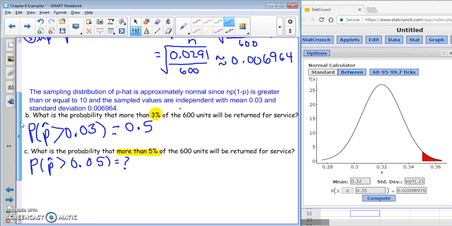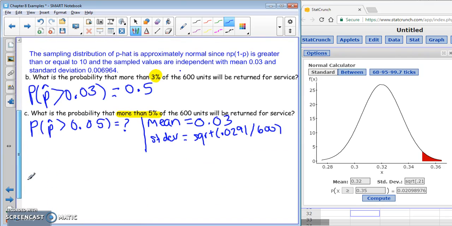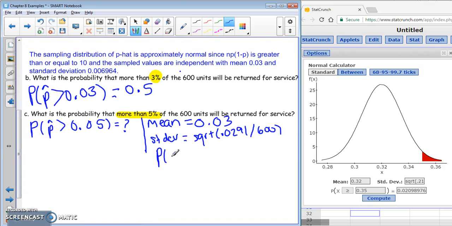So to divide this up, our mean is 0.03. Our standard deviation is the square root of 0.0291 divided by 600. Then our StatCrunch statement is the probability that x is greater than or equal to 0.05.